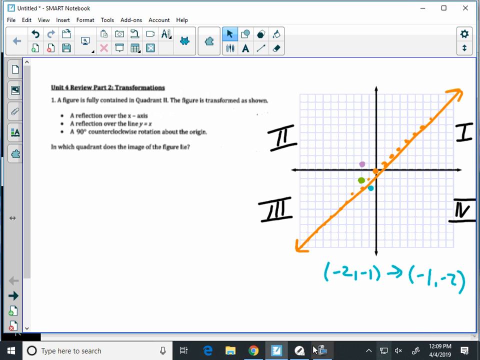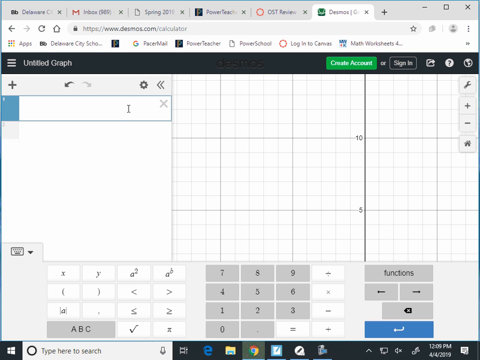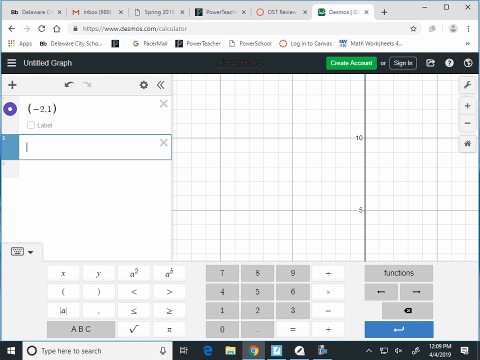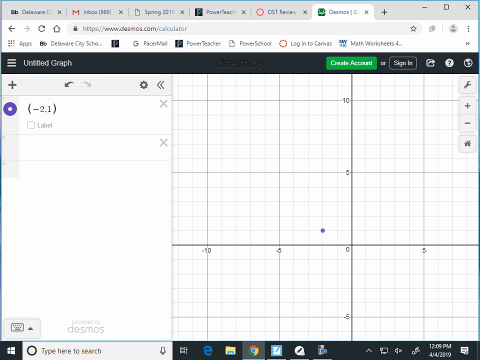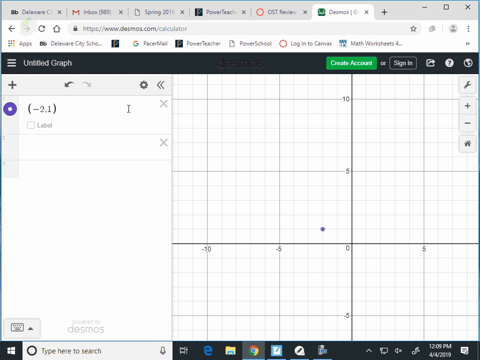You could have done this whole entire problem in Desmos. You could have just typed in, we said -2, 1 as our original point. Plot the point. And then reflect it over the x-axis. So, again, if you have like an expo marker or something, you could have just said, okay, 1, 1.